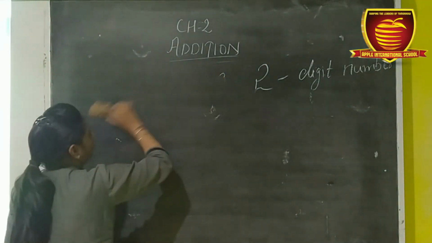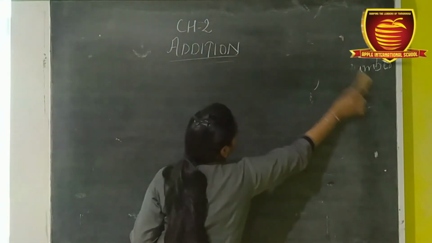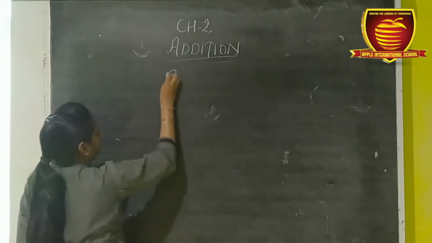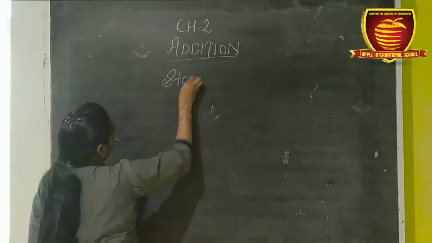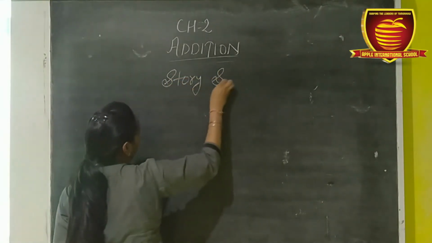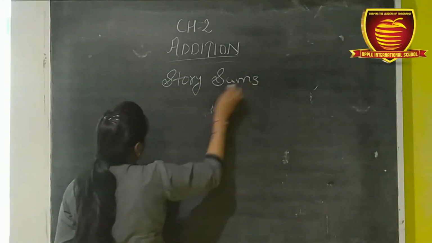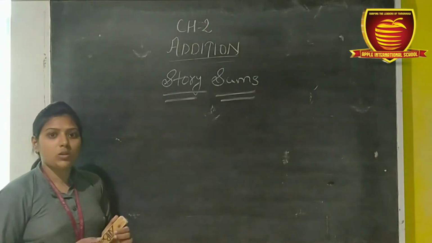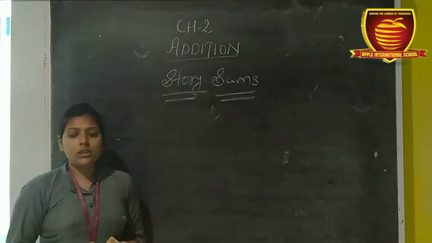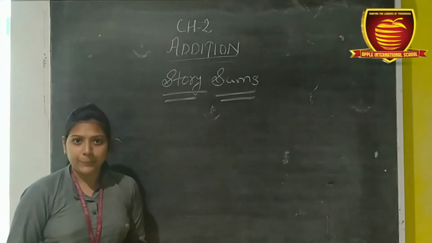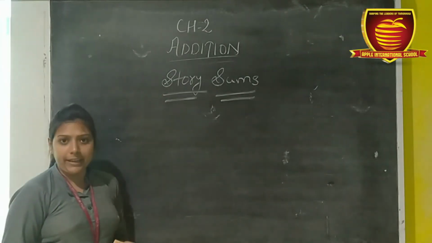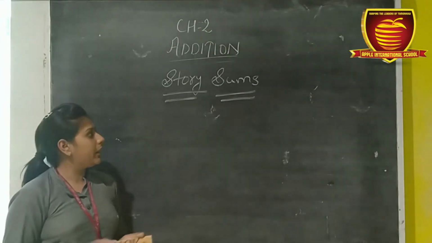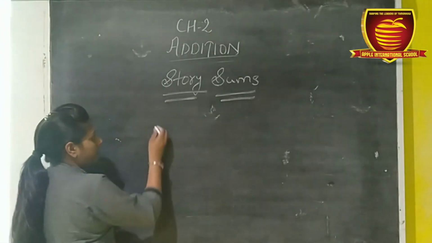Next is story sums. Suppose Hina is a girl. Hina has 3 candies. Her mother gave her 4 more candies.